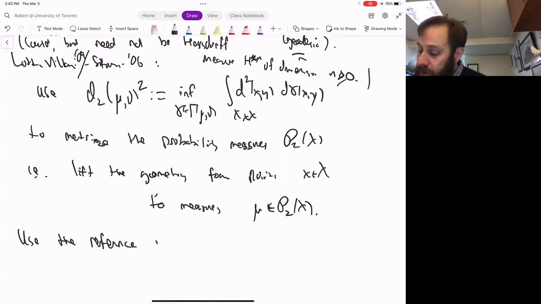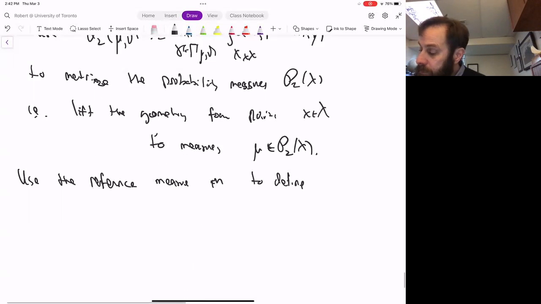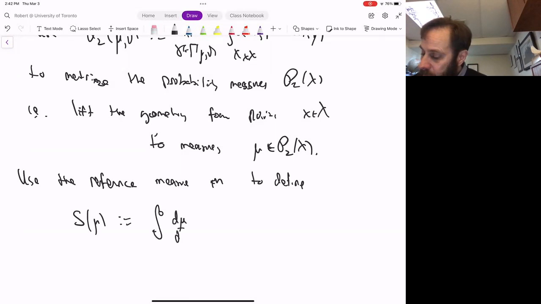And we use the reference measure m to define, we could define any LP norm. It's convenient to take the case p, the limit as p goes to 1. And so this is going to be, you're going to take the m density of mu and integrate against its logarithm.